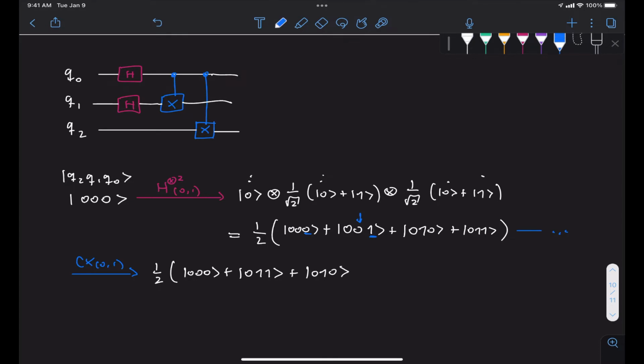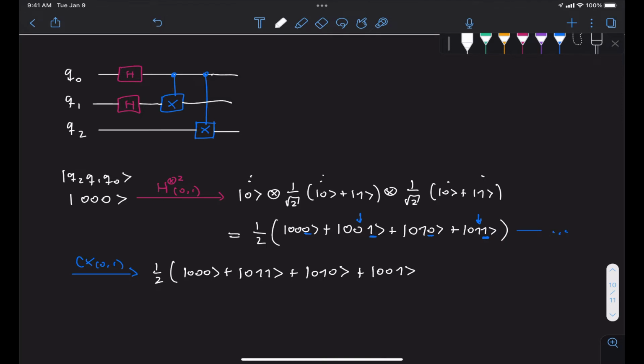Again, no change here because qubit 0 is in state 0. And then plus 0, 0, 1. And that's because qubit 0 is in state 1, so we gotta flip qubit 1.